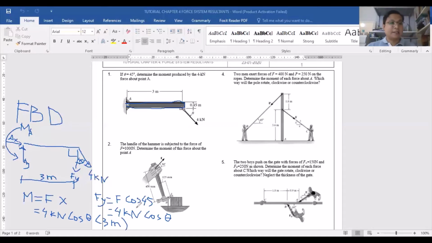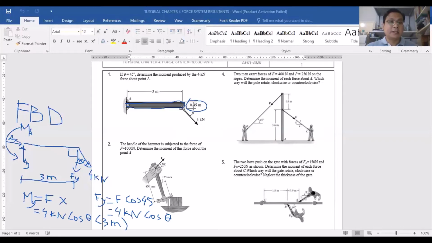So then this one is only for the y direction, correct? But we have another moment here, because we have a distance here of 0.45 meter.